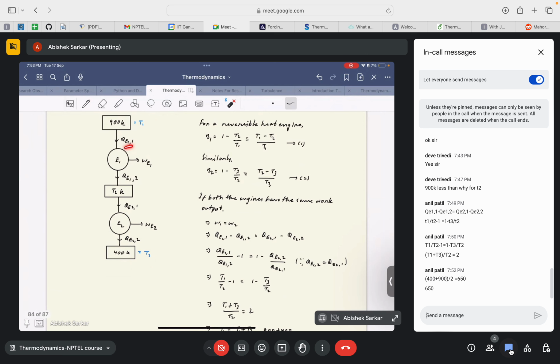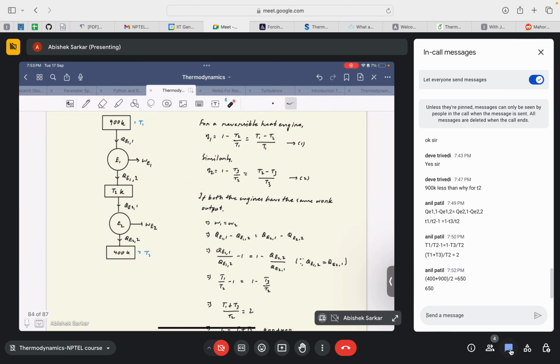QE1 is the heat input to heat engine 1, QE12 is the heat rejected from heat engine 1, and WE1 is the work output from heat engine 1. Similarly, QE21 is the heat input to heat engine 2, QE22 is the heat rejected from heat engine 2, and WE2 is the net work output from the second heat engine E2. And it is told that QE12 is equal to QE21. It's not that complicated. Basically these two are equal.